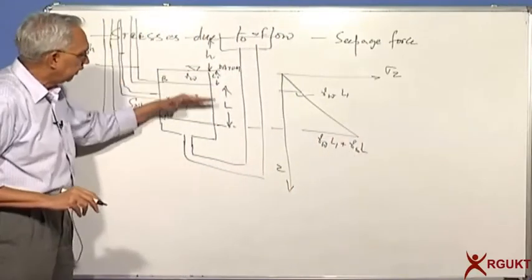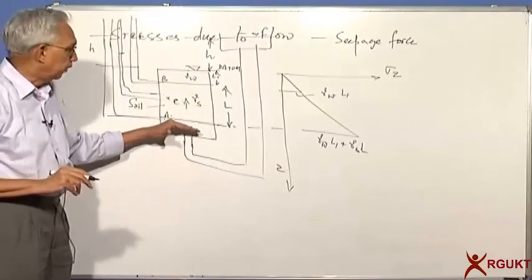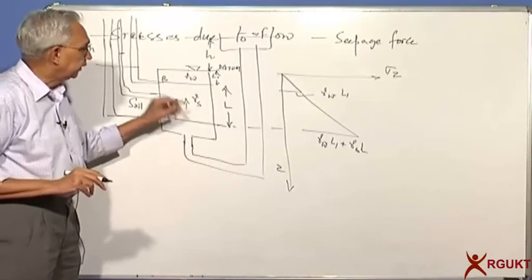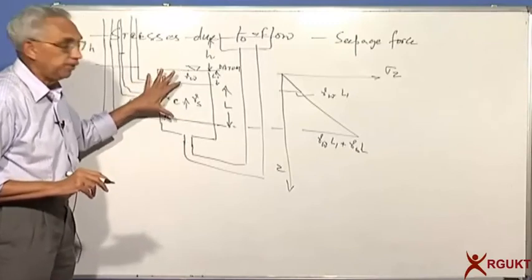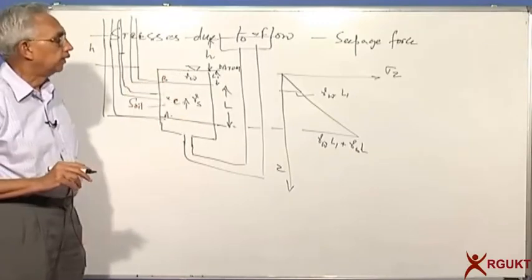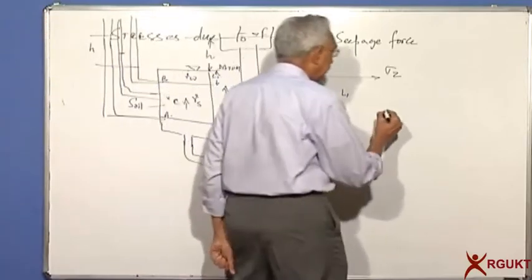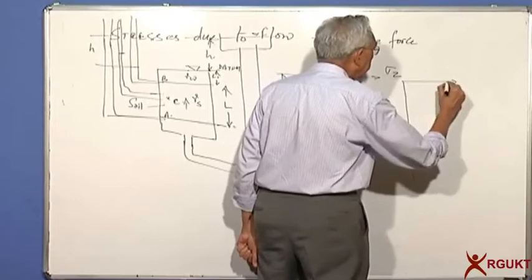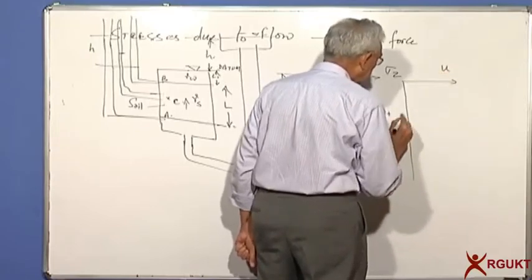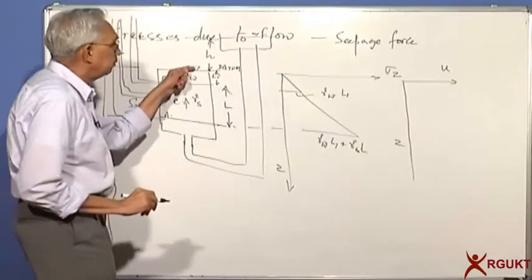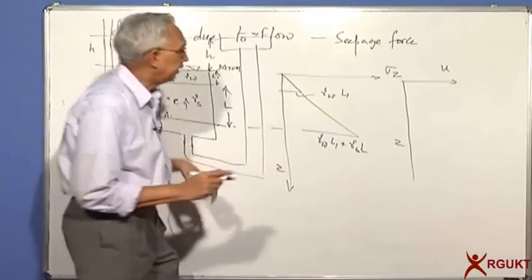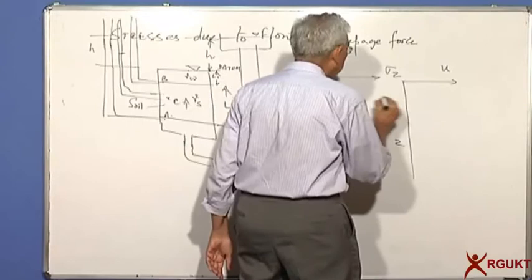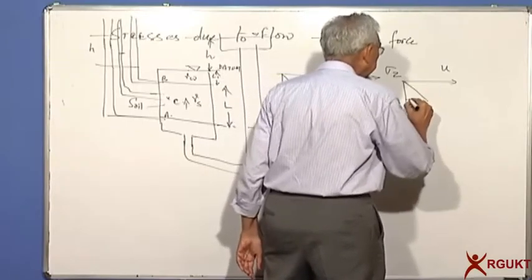So the total weight acting at point A, total vertical stress, is equal to weight of water plus the weight of saturated soil. How does the pore pressure vary? Suppose I plot now U versus depth. I have taken the datum here, so there is no pore pressure here, and pore pressure here again is increasing.